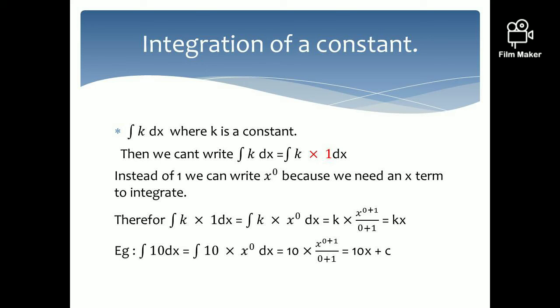Therefore, this integration of k dx turn up into integration of k x to the power 0. Now you can take this k out and you can integrate x to the power 0 and you can obtain the answer k times of x to the power 0 plus 1 over 0 plus 1, and your final answer is kx. As mentioned in the example, if you integrate 10 dx, your answer would be 10x.